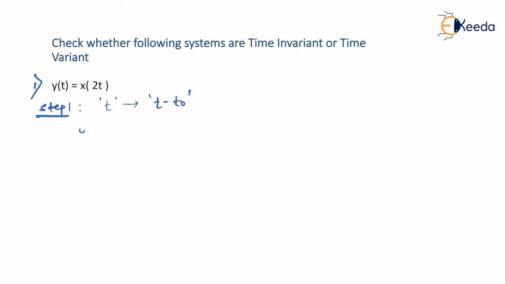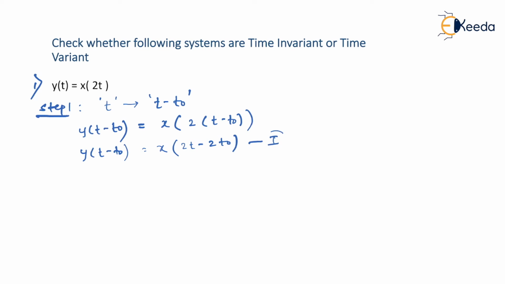Therefore, on the left hand side it becomes y of t minus t naught, and it is equal to x of 2 times the bracket t minus t naught. If you open the bracket, y of t minus t naught equals x of 2t minus 2t naught, and this is equation number 1 for us, right?